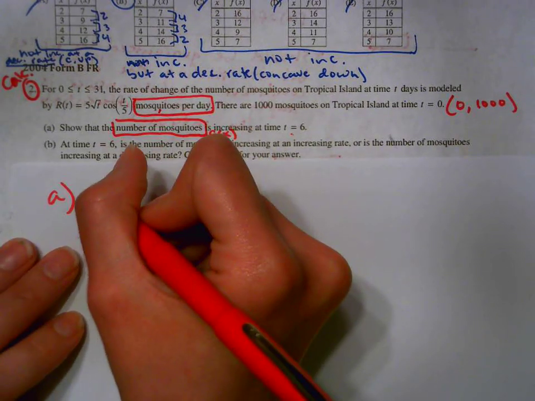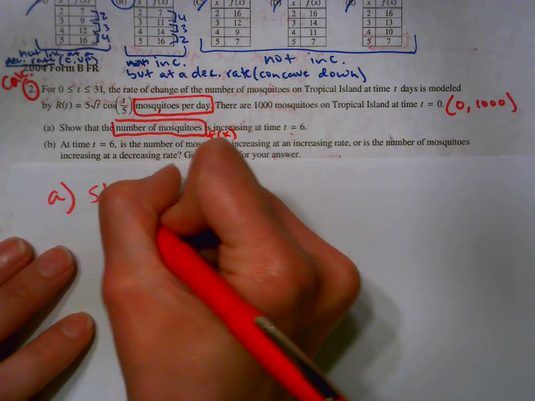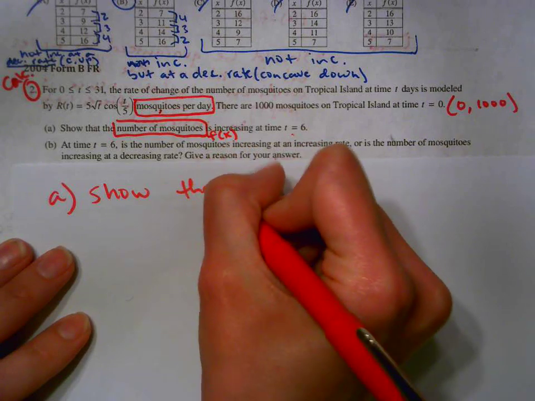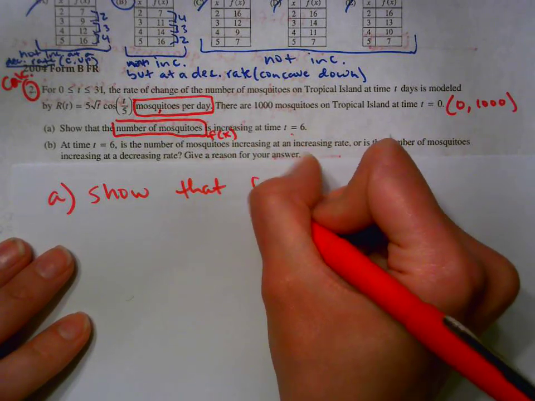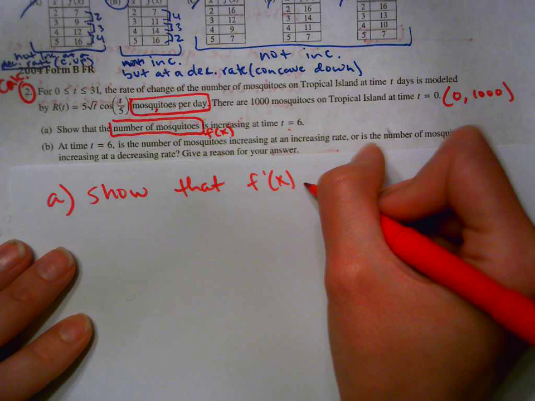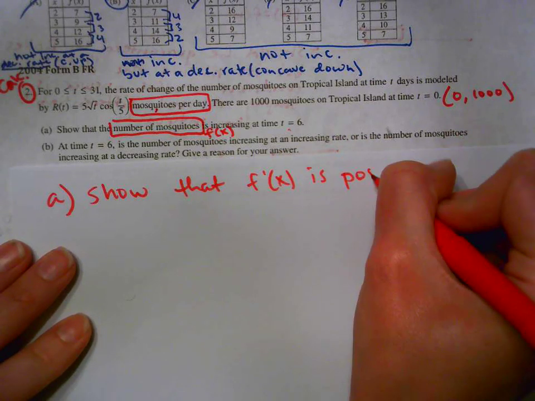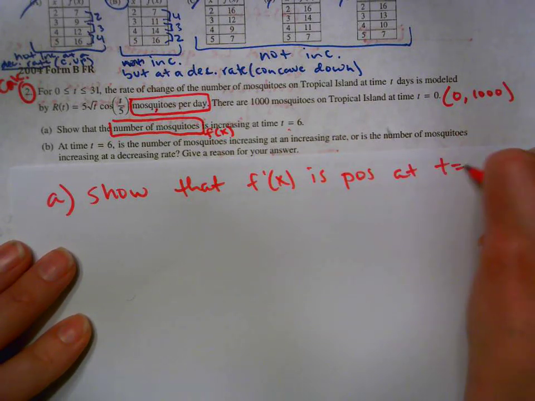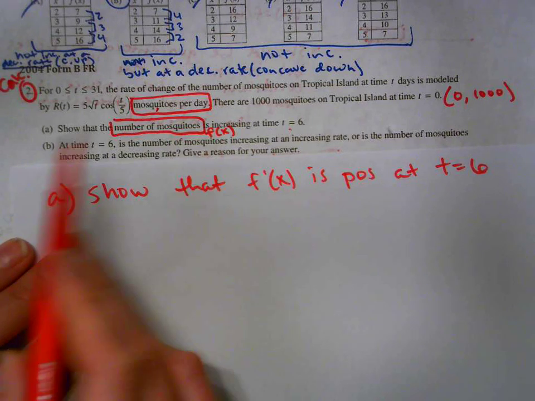So what we want to show is that f prime of x is positive at t equals 6, which f prime is your r of t.